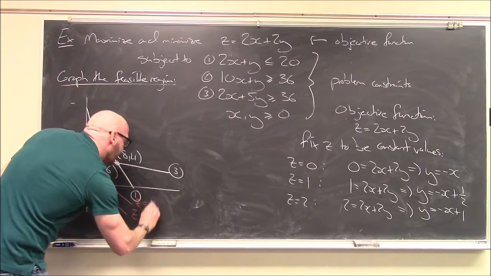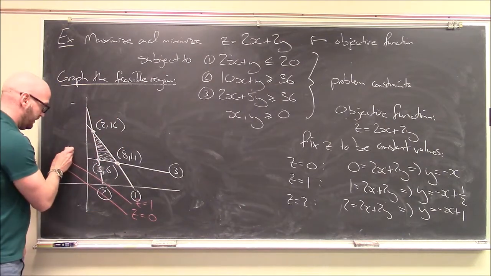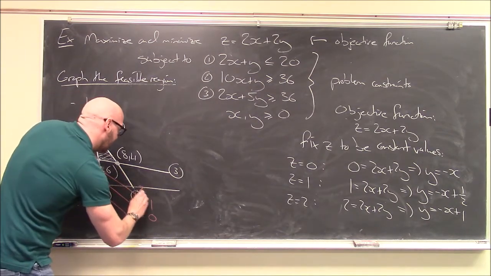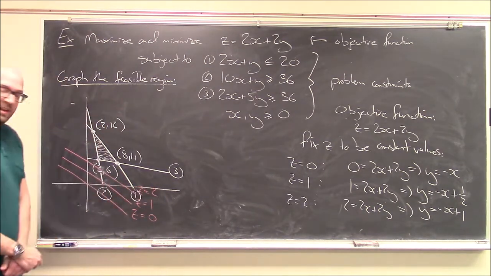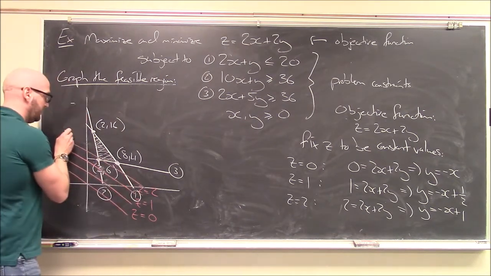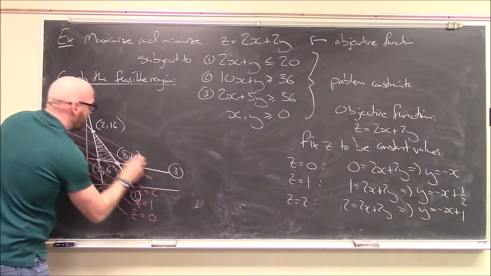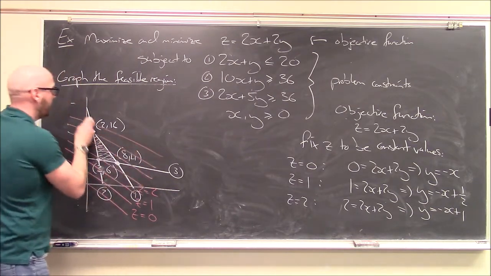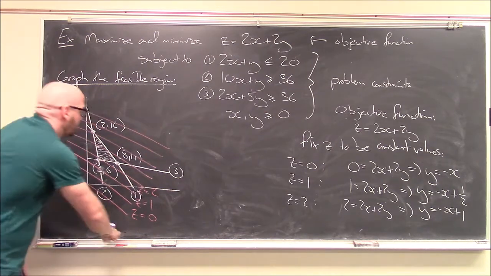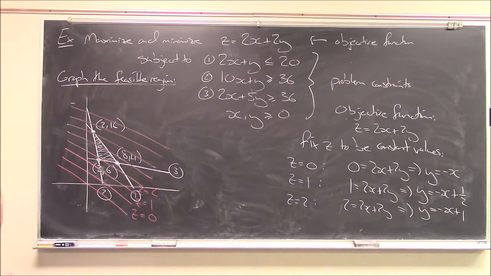There's z equals 1. Take z equals 2. Z equals 2 takes that whole thing, shifts it up half a unit. There's z equals 2. Well, if I graph them all, here's z equals 3, z equals 4, z equals 5. Roughly, I'm not claiming this is to scale, but if you draw these constant value lines for z, you would get this picture.